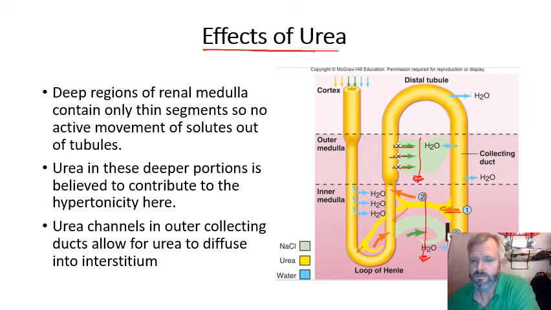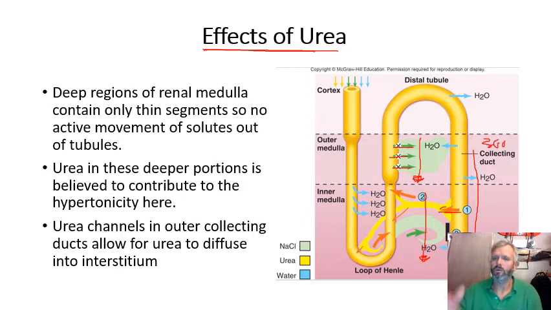Right, so this is kind of a newer model, but basically a countercurrent multiplier plus this urea component is going to create 300 up here, 1200 to 1400 milliosmolarity down in here. So the effects of this plus this urea is believed to be all the force that is creating that gradient.